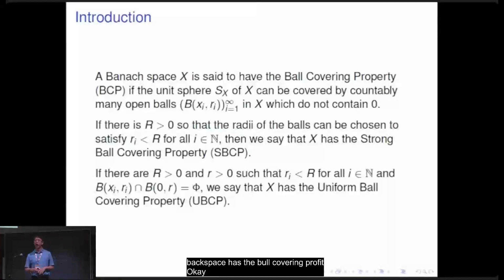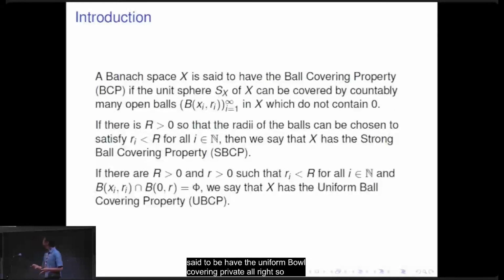If you have a uniform control of the radii of the covering balls, then we say the space has the strong ball covering property. And the covering balls may approach the origin. If the balls can be chosen so that they are uniformly away from the origin, then the space is said to have the uniform ball covering property.